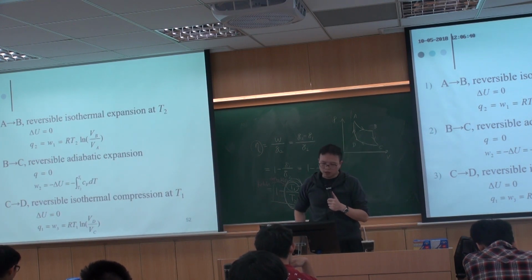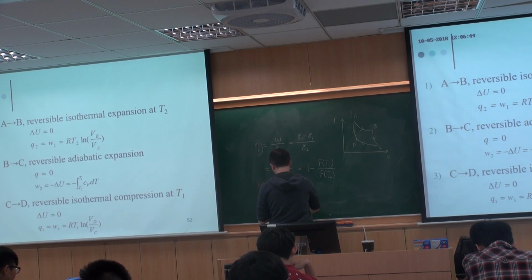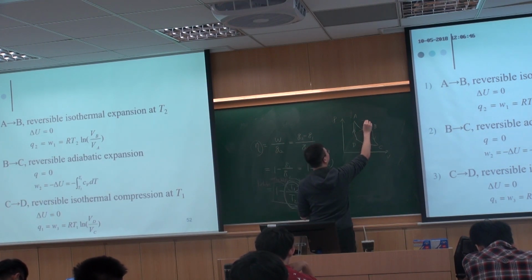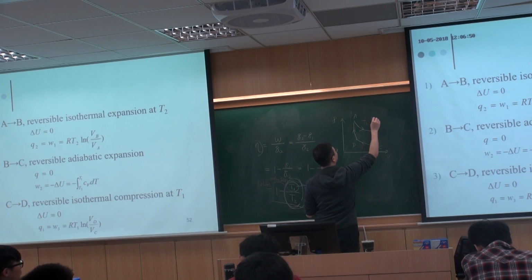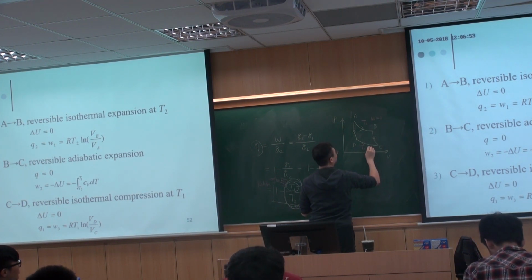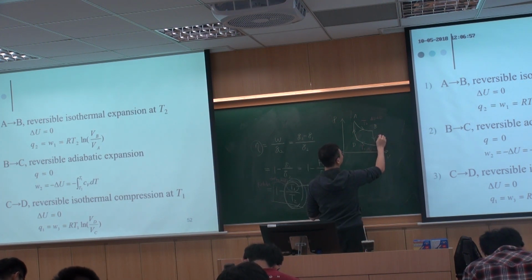From A to B, it's a reversible isothermal expansion at temperature T2. Isothermal, so we don't have to worry about temperature, and also delta U is 0.